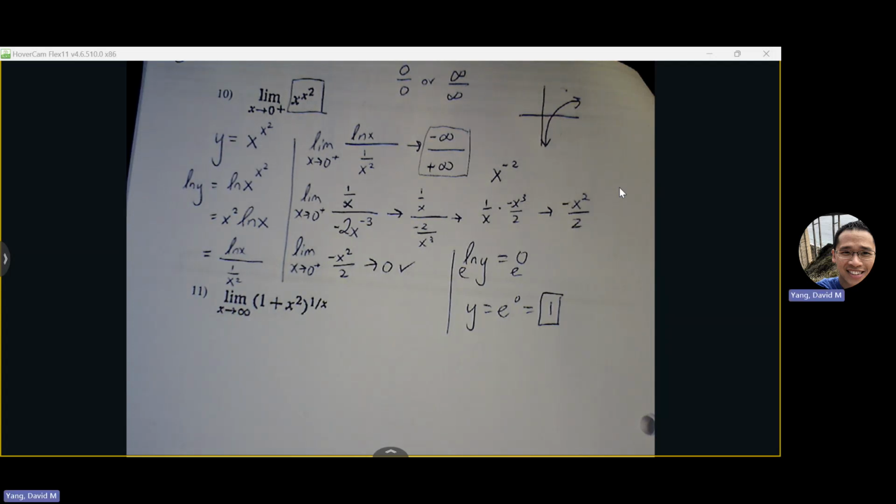The question in the 6.12 note. It was number 5 and number 8. And also number 6.